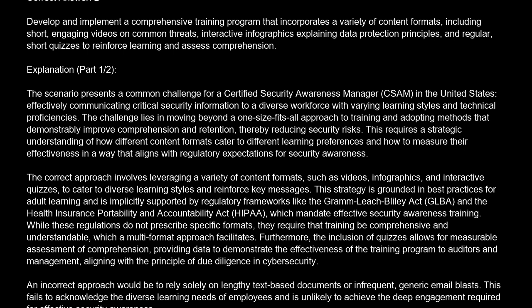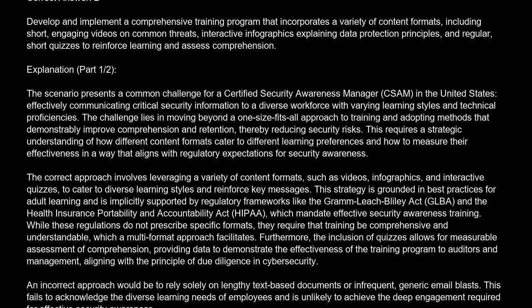While these regulations do not prescribe specific formats, they require that training be comprehensive and understandable, which a multi-format approach facilitates. Furthermore, the inclusion of quizzes allows for measurable assessment of comprehension, providing data to demonstrate the effectiveness of the training program to auditors and management, aligning with the principle of due diligence in cybersecurity.